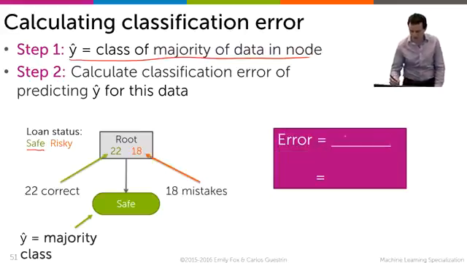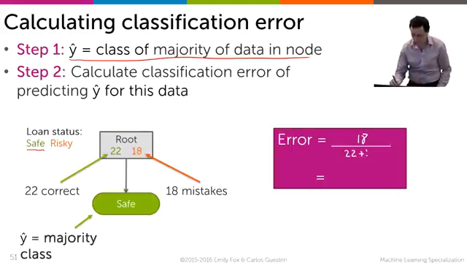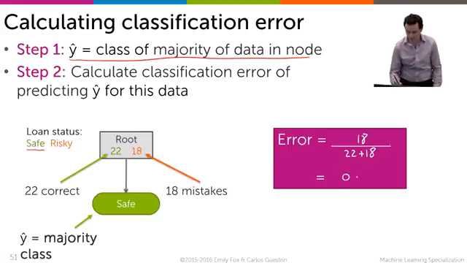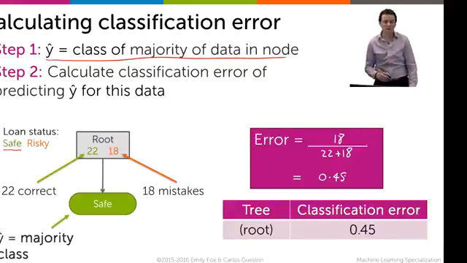So the classification error here is going to be 18 divided by 22 plus 18, which is 40. So 18 over 40, which is 0.45. It's a binary classification problem. You get 0.45 error, which is really bad. And so not splitting on anything gives you a pretty bad result.